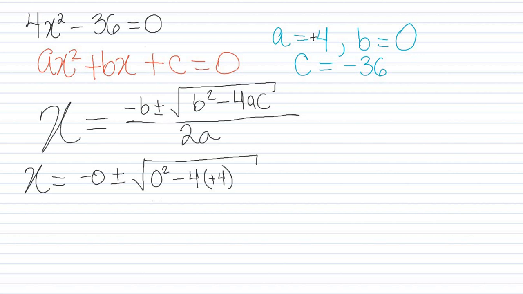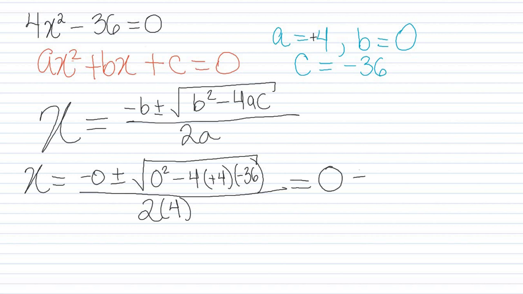And the value of a is just positive 4, times c, which is negative 36. So all of that information divided by 2a, so that's 2 times 4. So equals 0 plus or minus, because negative 0 is 0. 0 squared, we don't have to write that down. We're just going to skip that.